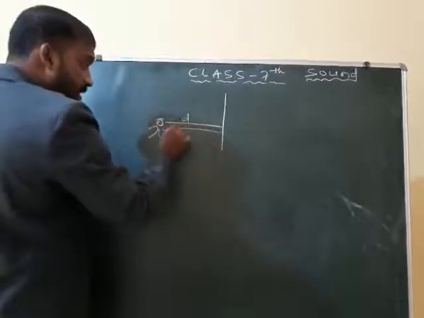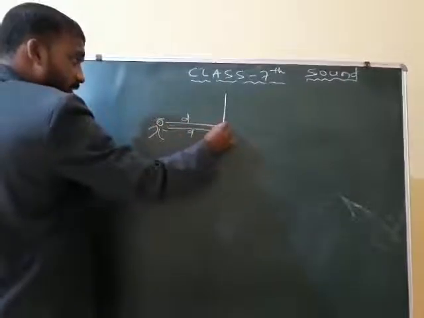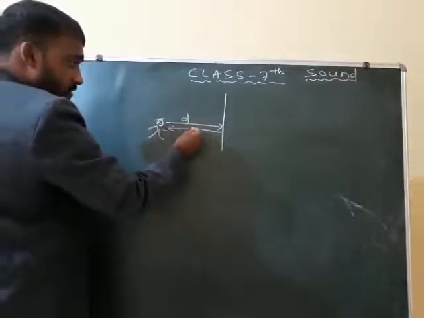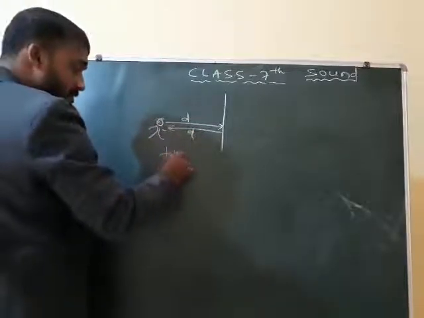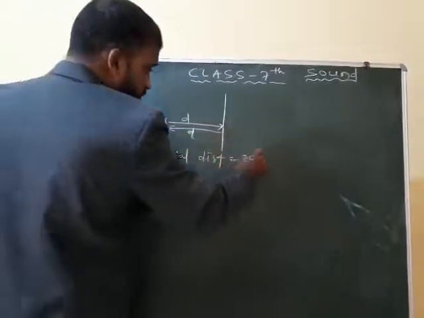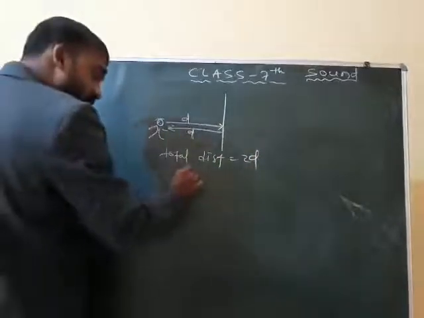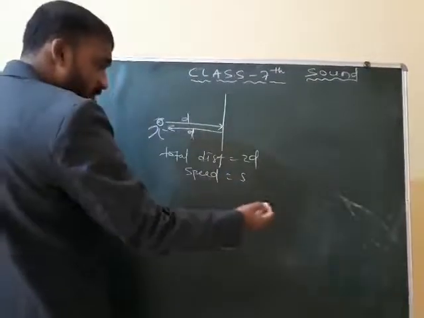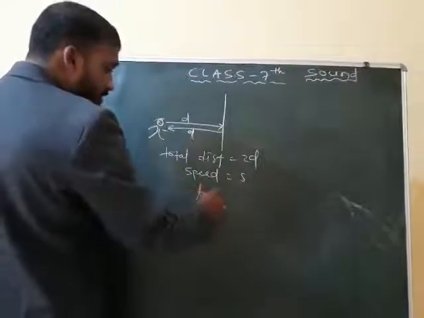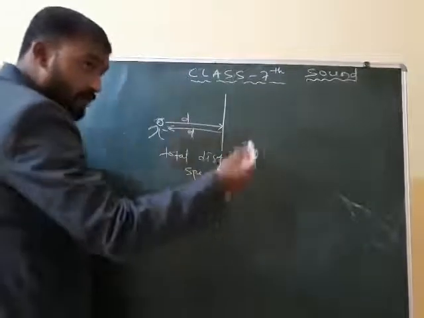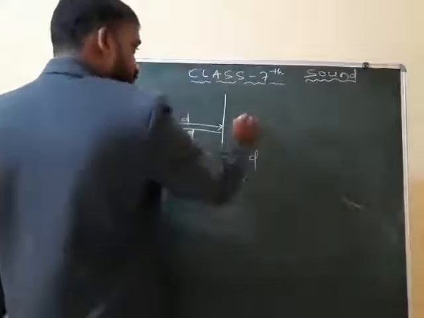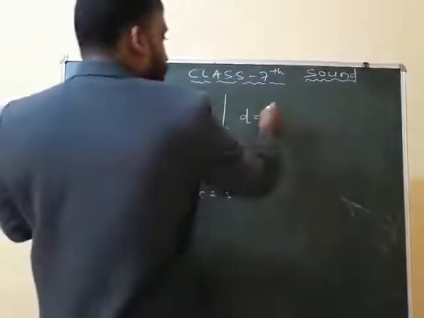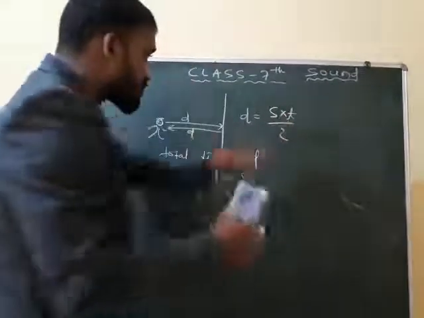It moves a distance d towards the reflector, and returns back with a distance of d. So the total distance is d plus d, 2d. If the speed is s, or velocity v, and time is t, then the formula to find the distance is s into t by 2, speed into time by 2.